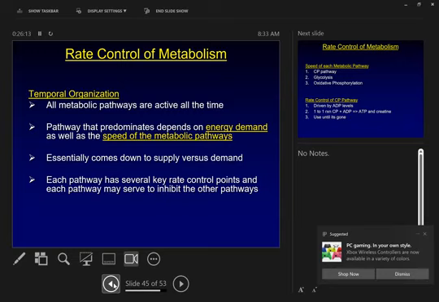You're resting right now, you don't need that much energy. Generally at rest, aerobic metabolism is the predominant pathway because it makes a lot of energy. Even though it's relatively slow, it can meet your demand without us having to use the others.